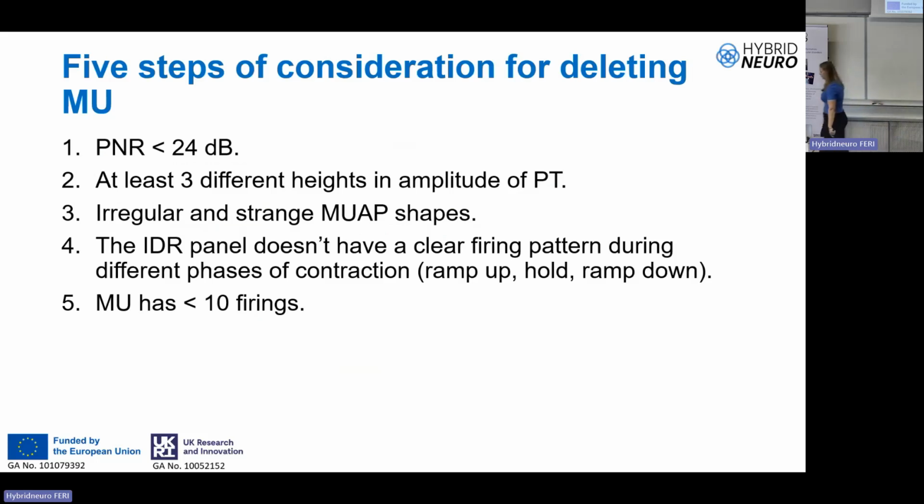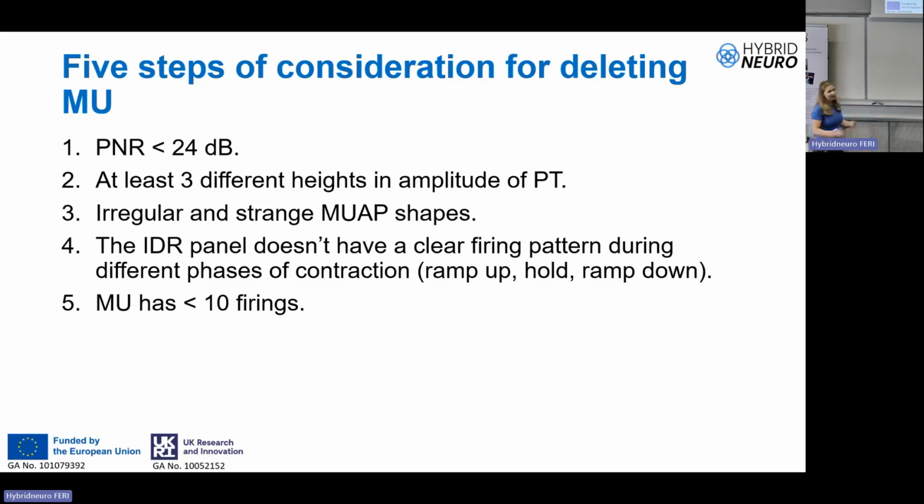At the end, we usually need to delete motor units. I mean, not usually, we always need to delete motor units. And I really prefer these 5 rules because I think they allow you to be consistent, and it's kind of a cheat sheet that I have.